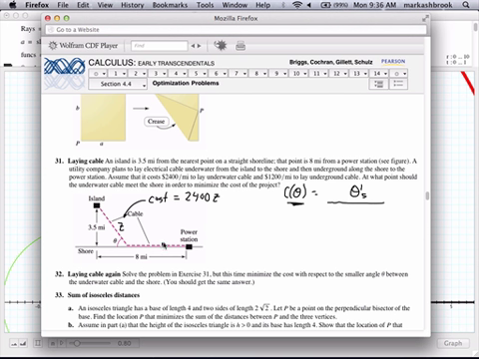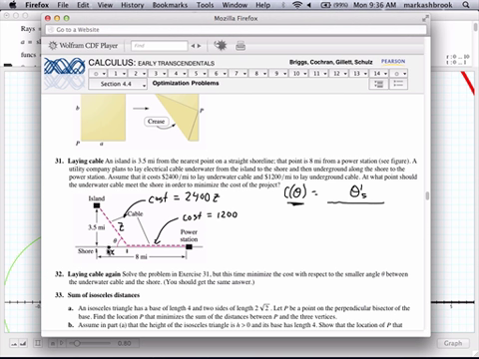Okay, and let's call this X here. What's the cost of this cable? Jason? 1,200 what?